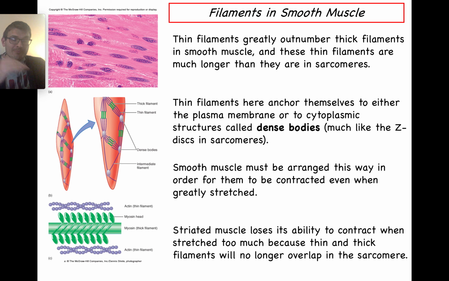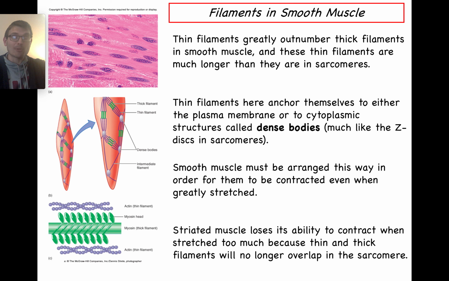If you have striated muscle, in which case you've got your thick and your thin filaments organized into sarcomeres, and these are my Z discs, if we stretch that sarcomere out too much, we risk getting to the point where there is no longer any overlap between the thick and the thin filaments. At that point, the muscle's pretty much torn, and we're going to have to repair it before it can go back to being normal.